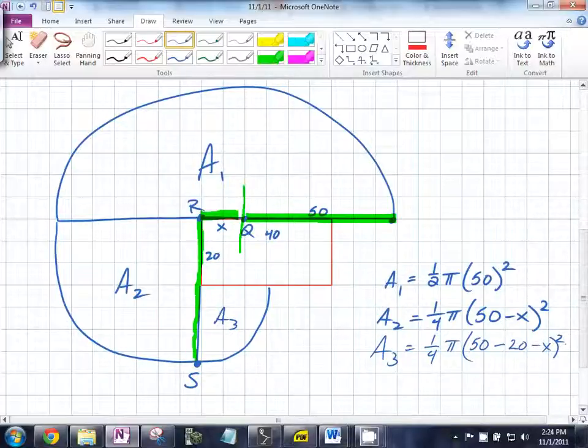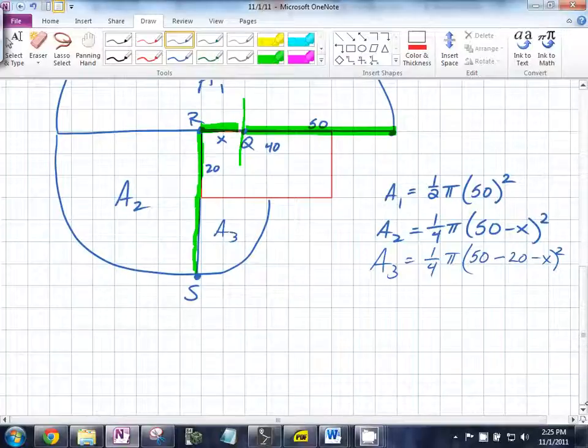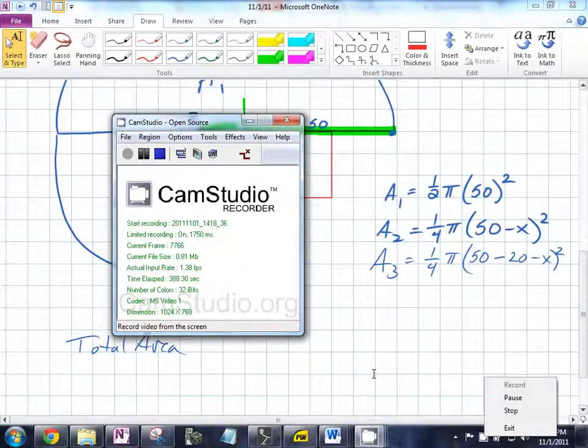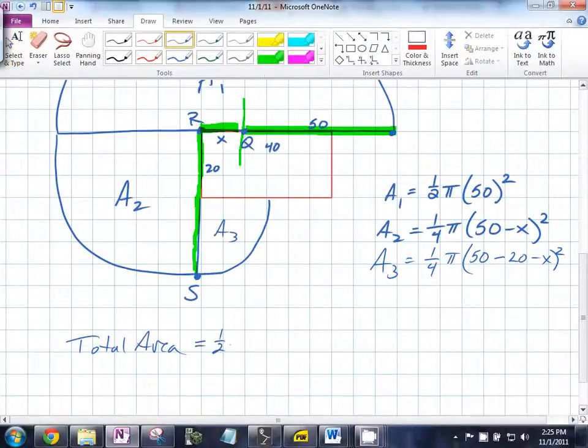So if you add these three things together, the total area, and I think I'm recording, let's see here, yep, is going to be 1/2 pi times 50 squared plus 1/4 pi times 50 minus x squared plus 1/4 pi times 30 minus x squared.